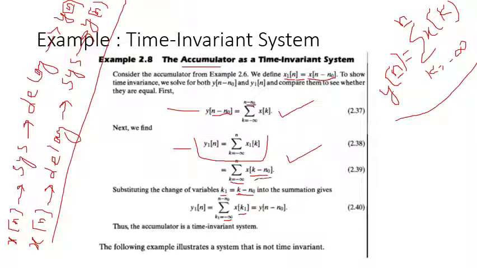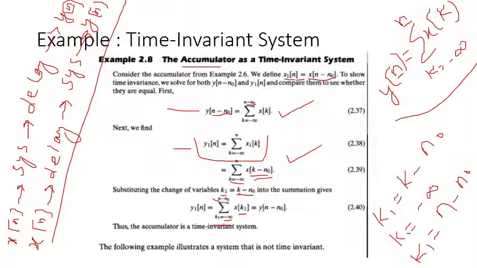Initially the limits were in the form of k, but here we have replaced k minus n naught with k1, so we want the limits to be replaced with k1. It's simple, k1 is equal to k minus n naught. First substitute the lower limit: k is minus infinity, so k1 is minus infinity. Then the upper limit of k is n, so the upper limit is n minus n naught.